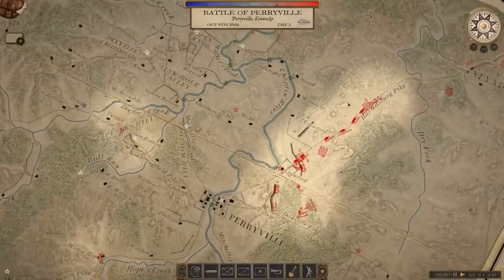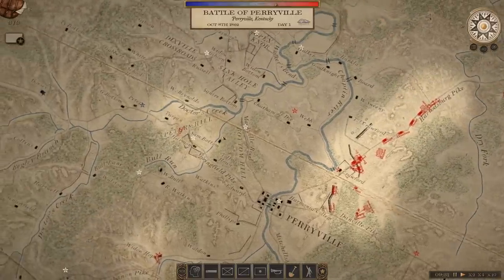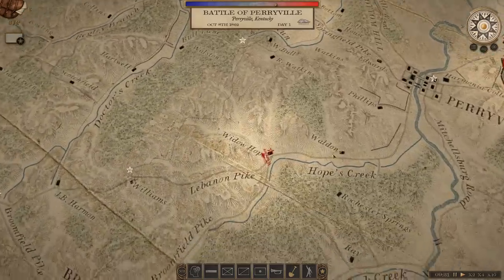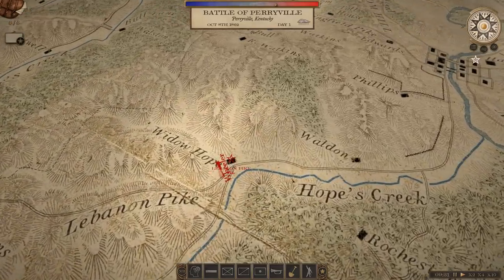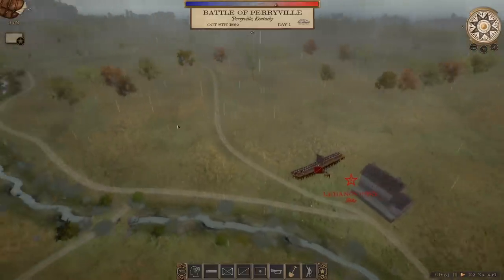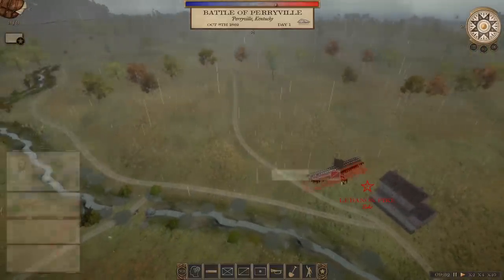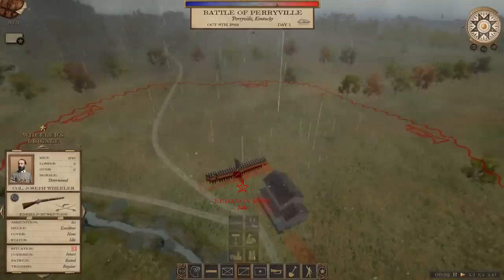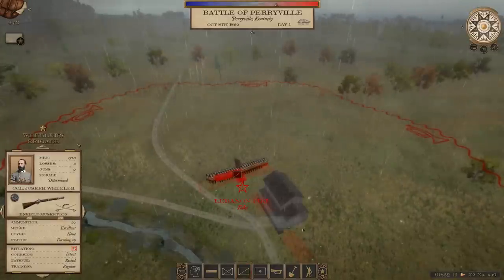Okay, and it's 9:30 already. Our cavalry screen has moved forward. Wheeler is already deployed here near Widow's Hope. And a good idea with cavalry is to use them dismounted in case of screening.